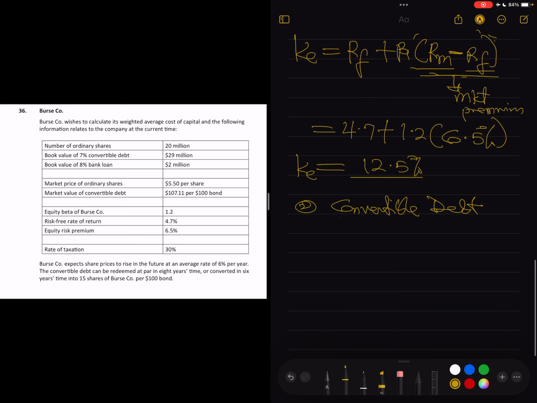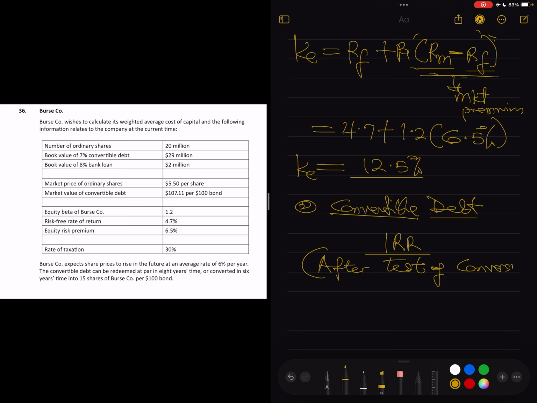I know I've taught you the concept of IRR before, which we're still going to use here, but there's something we need to do that is different from the last lecture, where I dealt with redeemable debt. Cost of debt for convertible debt is still IRR. However, please take note, you calculate IRR after the test of conversion.